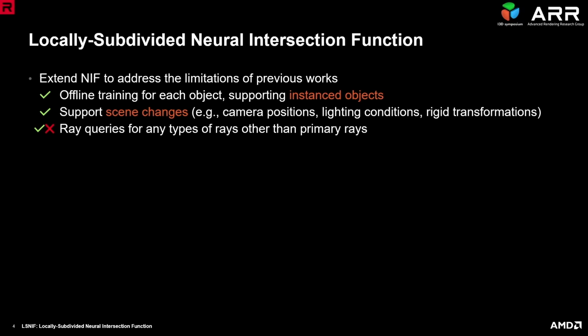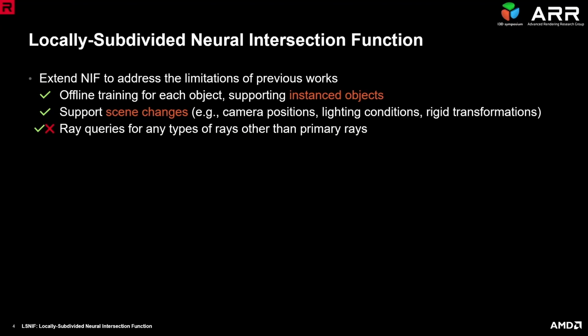To overcome these challenges, we propose to extend NIF, which we call locally subdivided neural intersection function, or LSNIF. LSNIF can pre-train the neural models for each object, not for the entire scene. So we don't need to train the model during rendering, and we can reuse the same trained model for instanced objects.